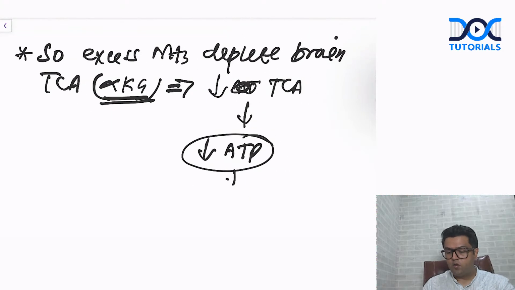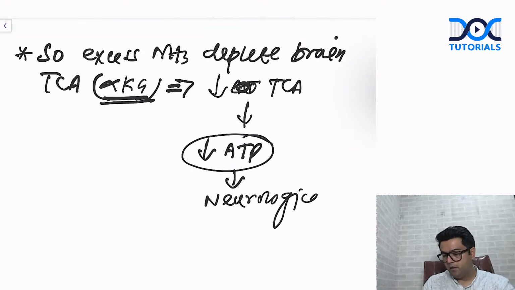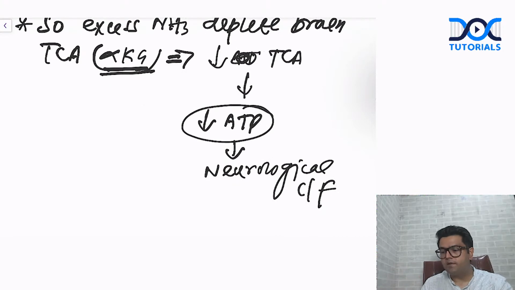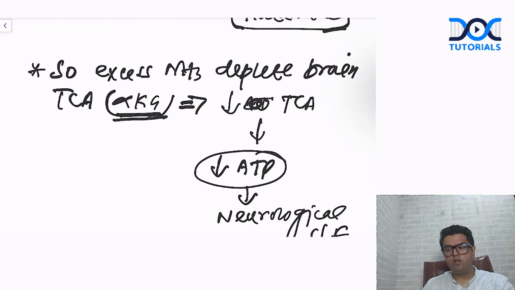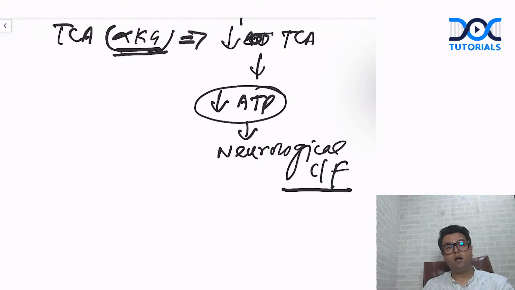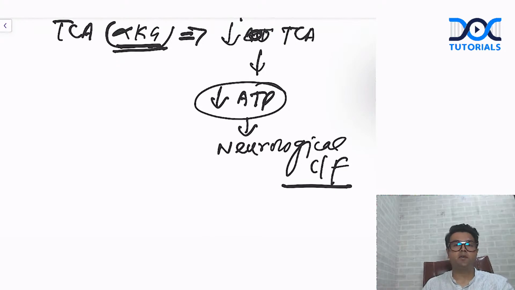And this is causing neurological clinical features, like seizures, convergence, etc. That may cause death of neurons, the failure of the brain, coma ultimately, right? So you understood this is the point that you should mention in your exams first and highlight it. The rest are secondary for you right now.